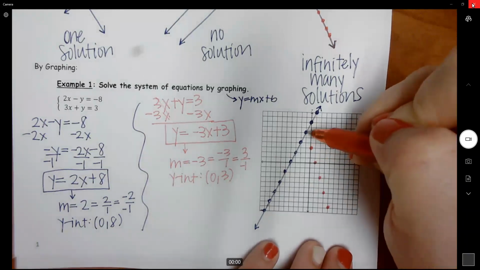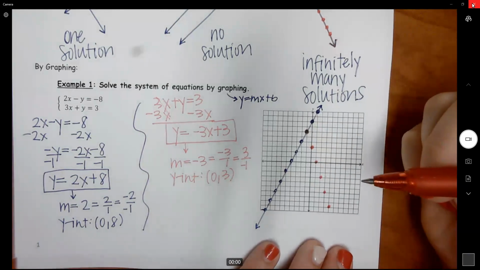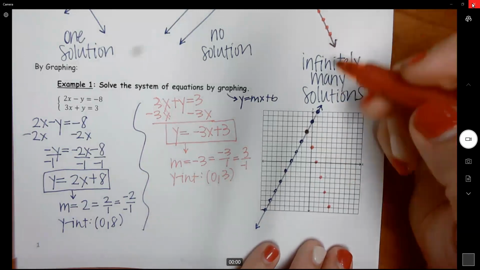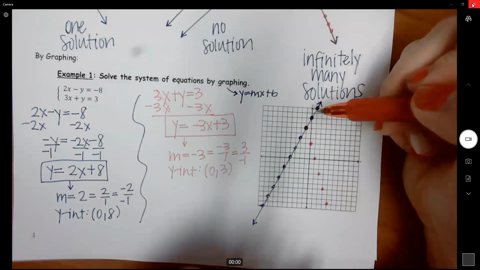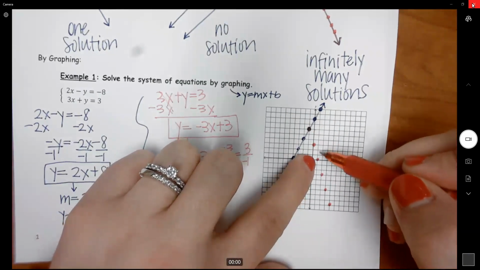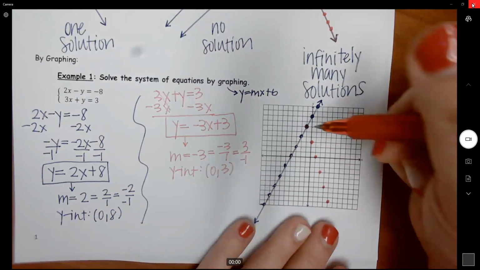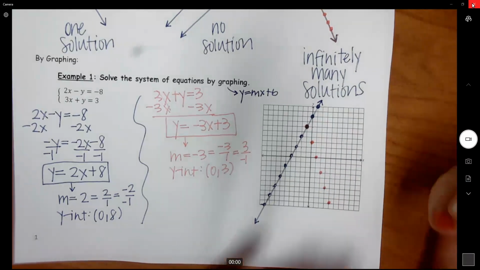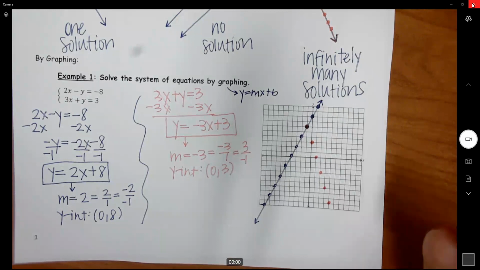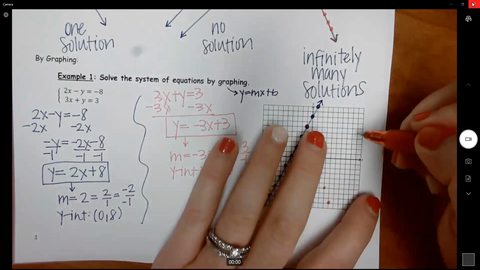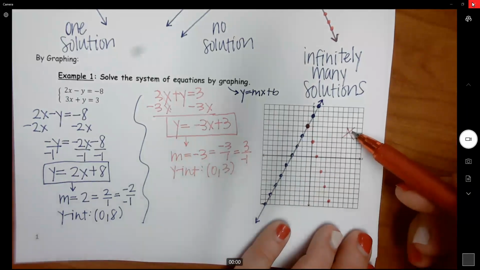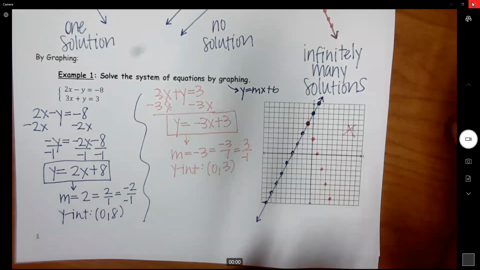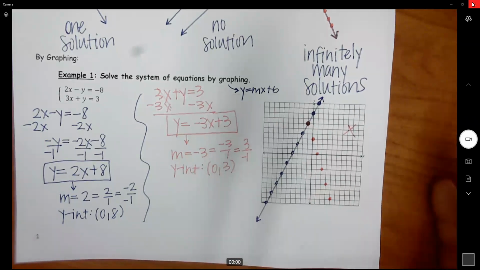And notice I land right here on this point. That is my solution. Because I could have graphed it from these two lines, but because I am rising and running and landing on the exact same point, I don't have to guess. If these aren't accurate, and when they cross it's something like this right here, where is that supposed to be? Is that supposed to be in this corner, in this corner? I don't know because my graph isn't accurate. These have to be accurate.